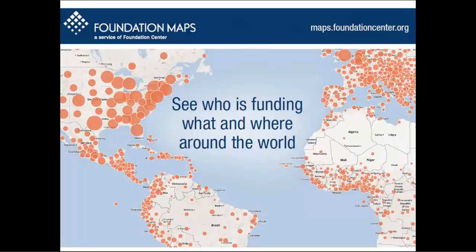So with that, what we're talking about today is Foundation Maps, which is a pretty new data visualization platform created by the Foundation Center. We're going to focus on Foundation Maps Professional 2.0, which is a subscription service of Foundation Center that has lots of great information and really answers a fundamental question that we hear from so many people, the evergreen question: who is funding what and where around the world?